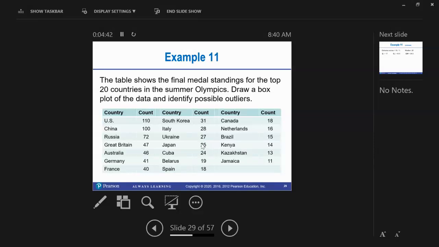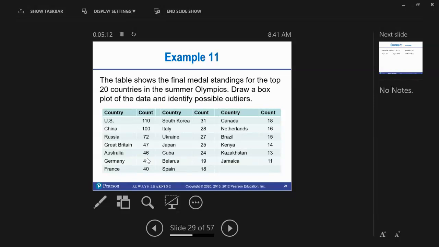When I want to find Q1, this is my cutoff point here at Ukraine at 27. I want to find the middle number again. We're still dealing with 10 and 10. So if we want to find the middle of 10, I go 1, 2, 3, 4, 5, and I want to look between Germany and Australia. So 46 and 41. If I average those, that's going to be 43.5.